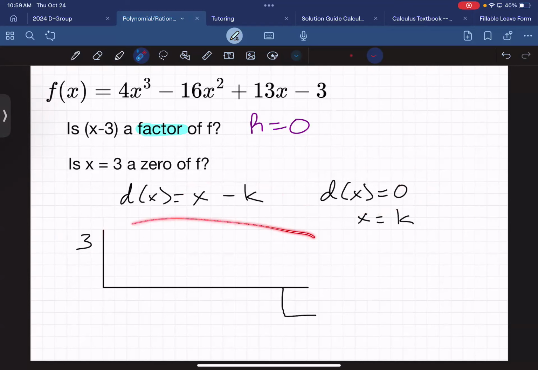And here's where our function goes. We're not putting variables. What we need to do is first ensure that we're in descending order. So we have x cubed, x squared, x, and the constant. So we're good on that end. What we can do then is just fill in the coefficients and then that constant term in the last spot. So I keep the order of what we saw, but we're not actually writing the variables.